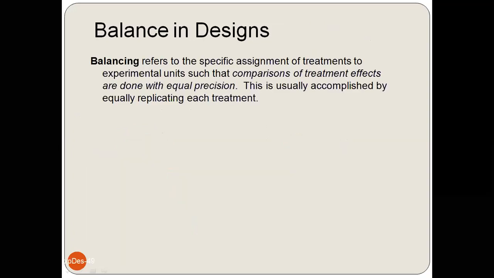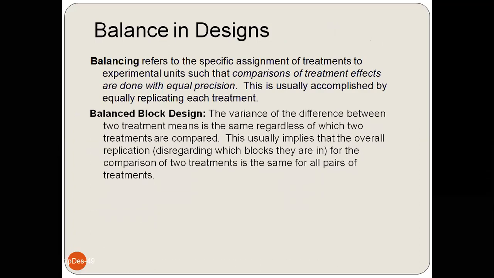Balanced design: I said if the number of replications is equal, it is called a balanced design. So a balanced block design means that if the variance of the difference between 2 treatment means is the same regardless of which 2 treatments are compared, then this usually implies that the overall replications for the comparison of 2 treatments is the same for all pairs of treatments.